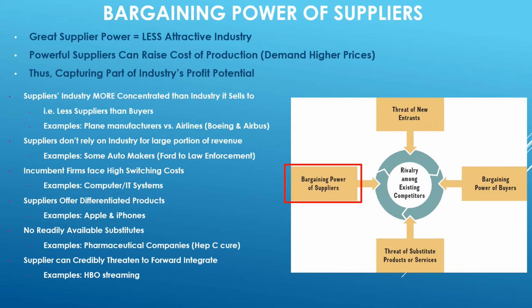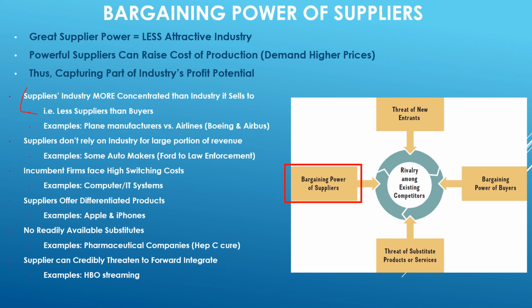Bargaining power of suppliers. The greater the supplier power, the less attractive the industry. Powerful suppliers can raise the cost of production, meaning they can demand higher prices. For example, when the suppliers' industry is more concentrated than the industry it sells to, that means there are fewer suppliers than there are buyers.